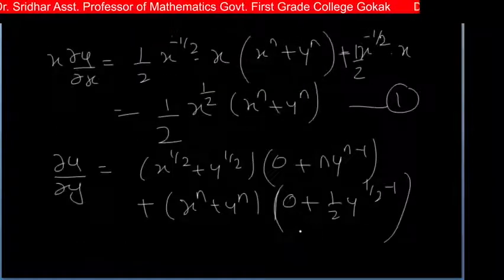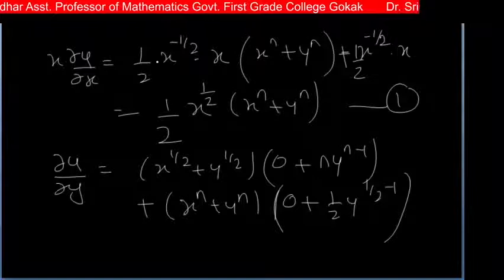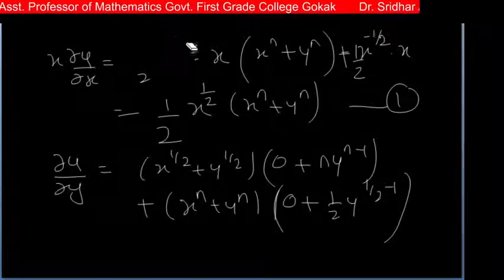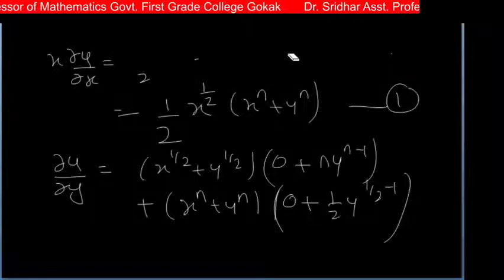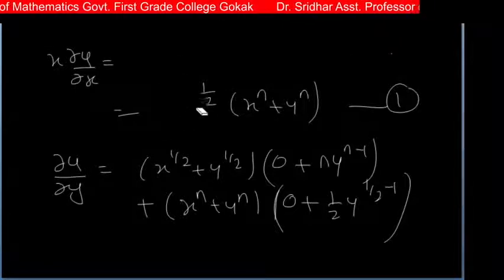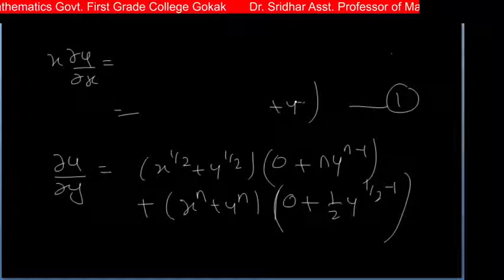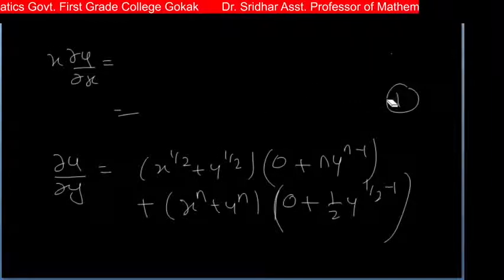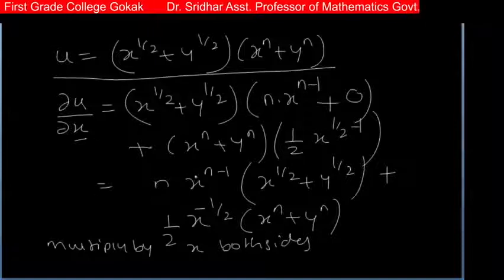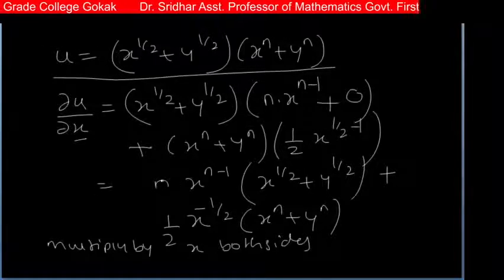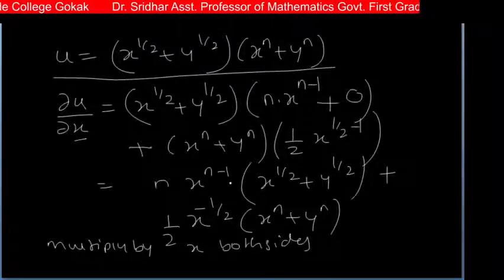Wait a minute, I will write once again. Okay, so x dou u by dou x, multiply this with x. Here the first term is also multiplied with x.